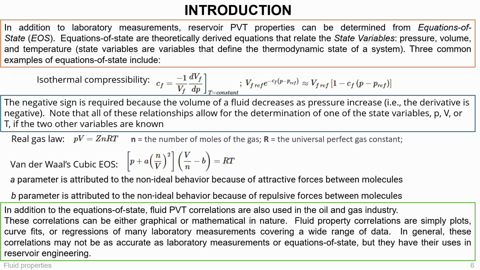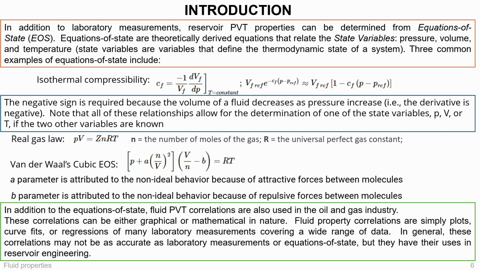In addition to lab measurements, reservoir PVT properties can also be estimated using equations of state, or EOS. An EOS relates pressure, volume, and temperature through theoretically derived relationships. Classic examples include cubic EOS forms and real gas-type equations.